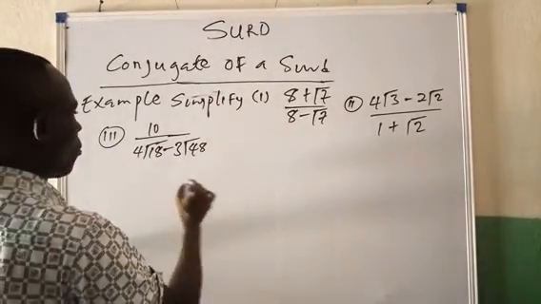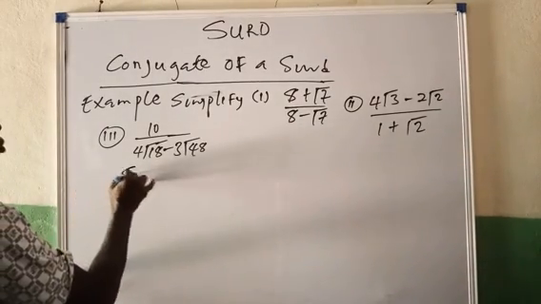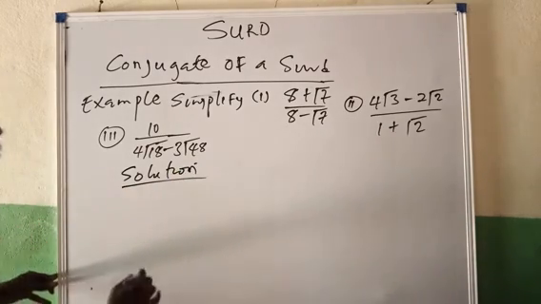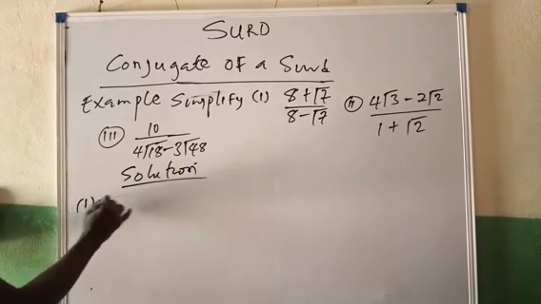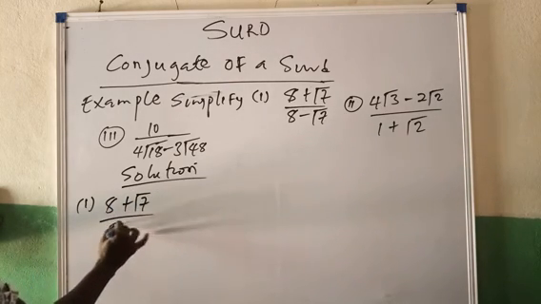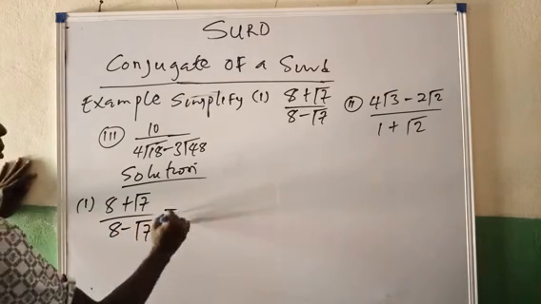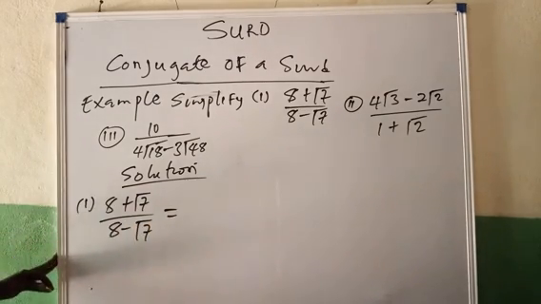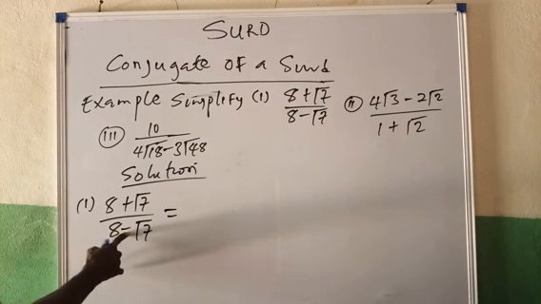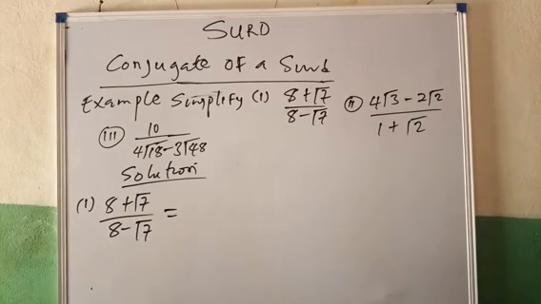Let's take some examples of conjugate of surd. Simplify one by one. We have 3 examples there. Solution. The first one is 8 plus root 7 over 8 minus root 7. This will be equals to, remember, what we need to do is to use the conjugate of the denominator to multiply both the numerator and the denominator.